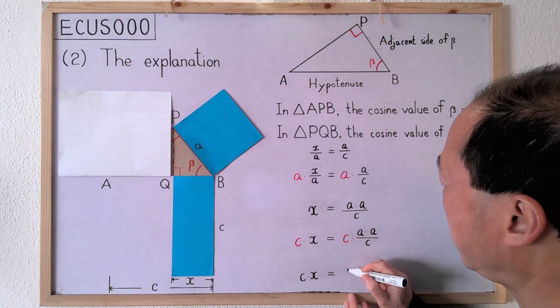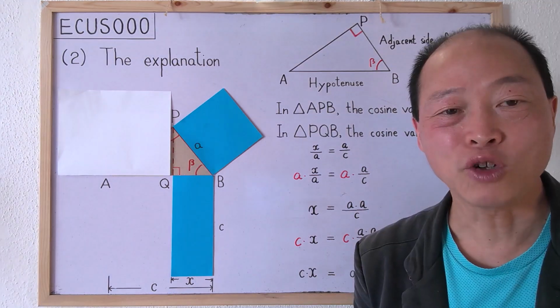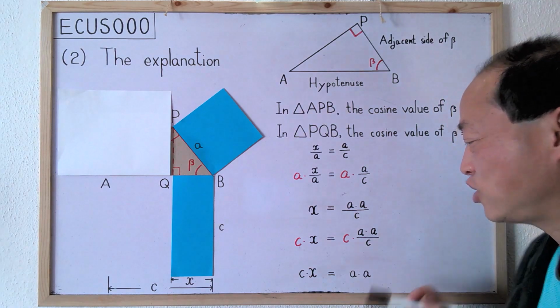It becomes A times A. Finally, we have worked out the explanation.